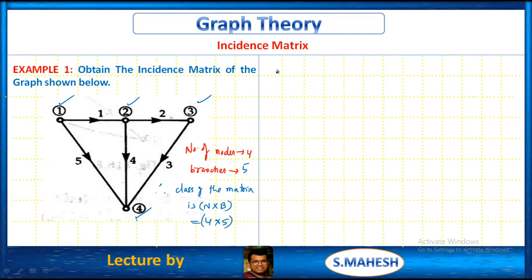This is the representation of the incidence matrix, which equals Aij. So here we have a 4 by 5 matrix.